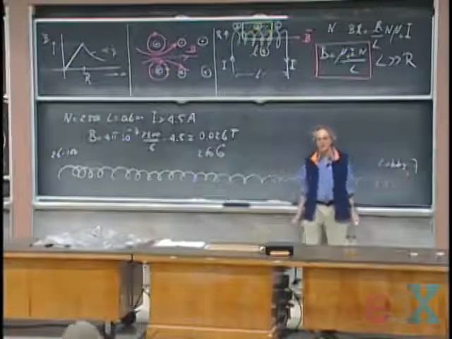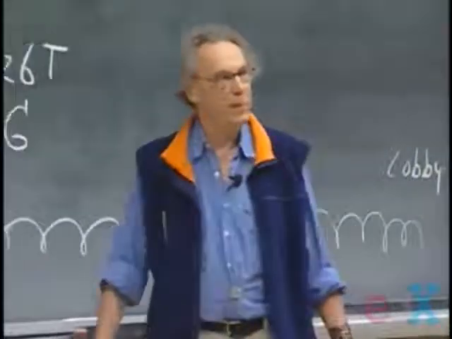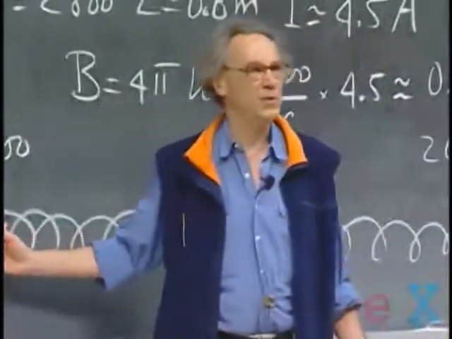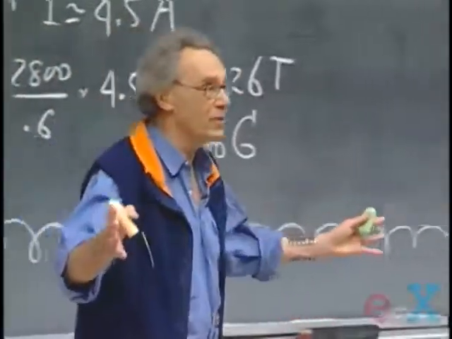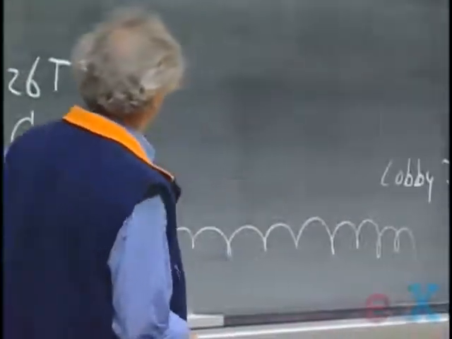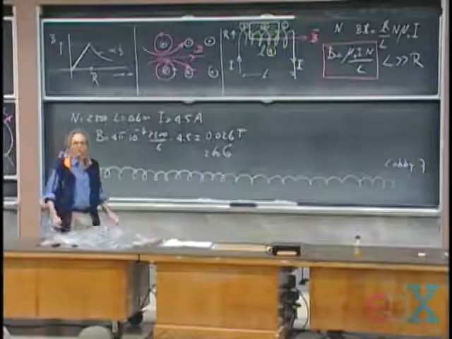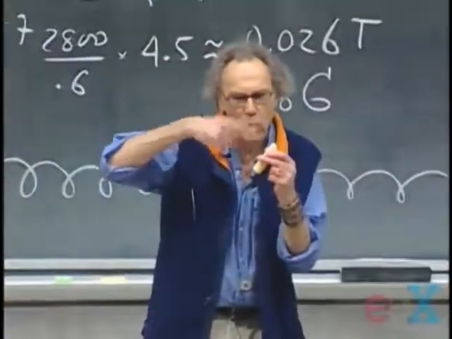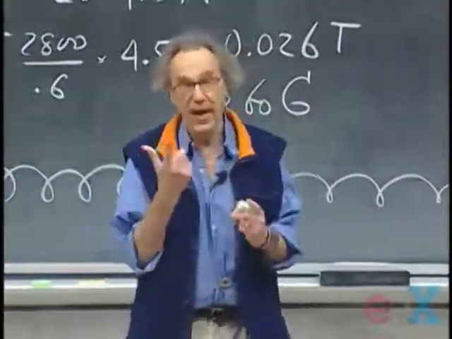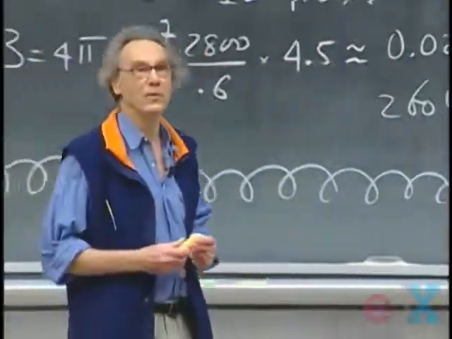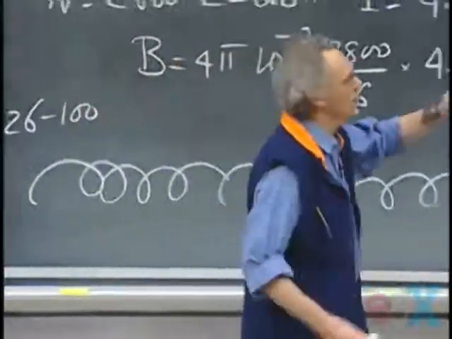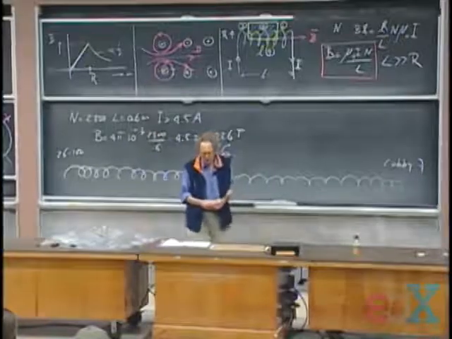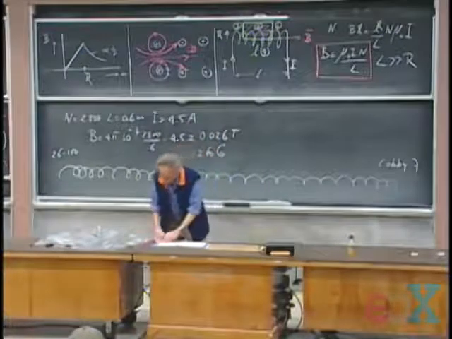Practically nothing. It falls off so rapidly, the magnetic field, that we don't notice it here. So it's immediately obvious that the magnetic field is not proportional to how many loops you have. If, however, you put all those loops on top of each other, then of course you can add the magnetic field. And so it is natural that you get how many windings you have per unit length.